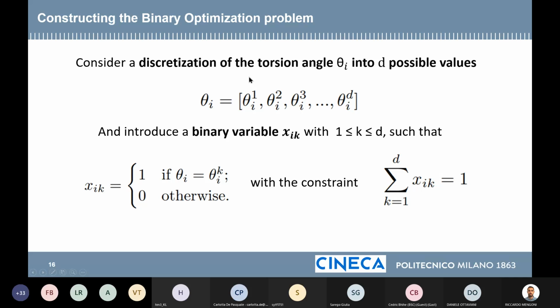So for example, 0, pi over 4, pi over 2, and so on. So if, for example, xi1 is 1, we know that angle theta i is going to be 0 or pi over 2, depending on this list.